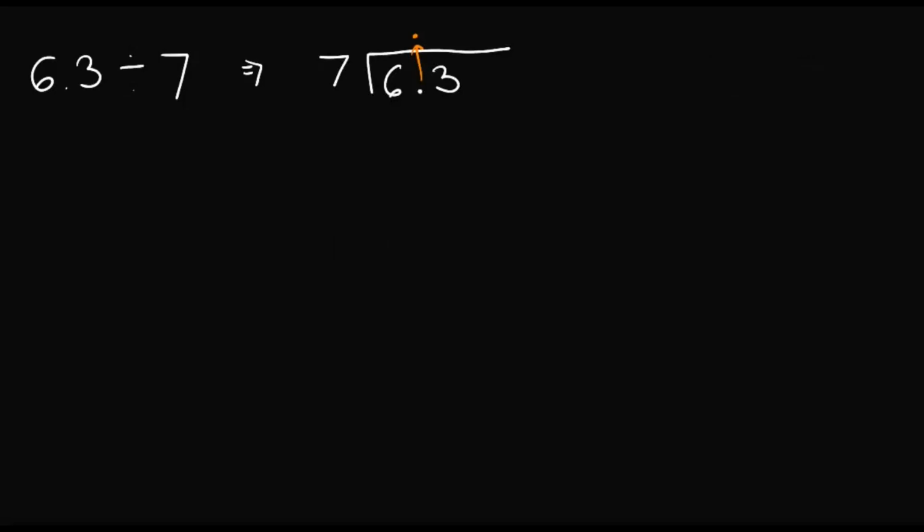So again, when we divide this, we have 63 divided by 7, that is 9. So we put 9 out here. This one is 63. Subtracting them would give us 0. And so the final answer is 0.9.